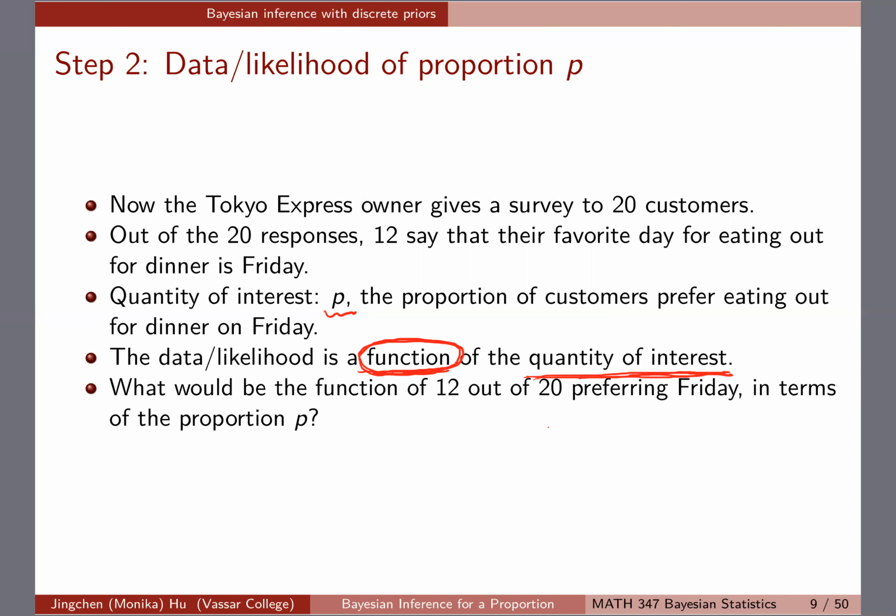So the question here will become, what will be the function of 12 out of 20 preferring Friday in terms of the proportion P? P is the percentage of people choosing Friday as their favorite day to eat out, right? So what will be an appropriate likelihood function for this?